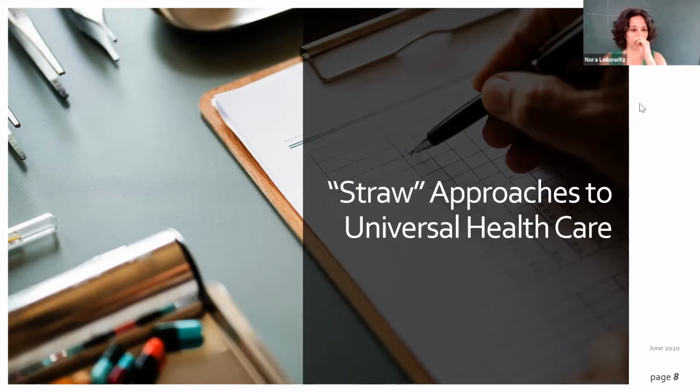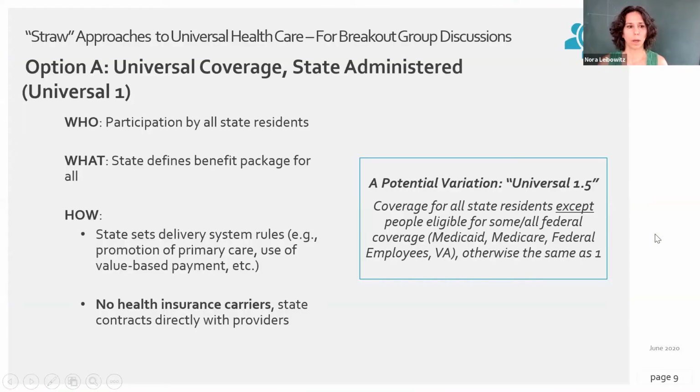So you can go to the first model, which we're cleverly calling option A. That model is a universal coverage model that is administered by the state. And this is Universal 1.